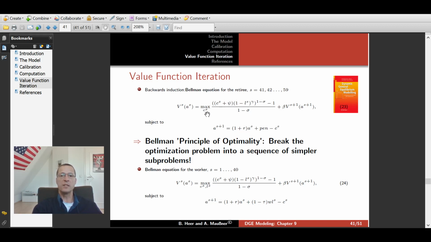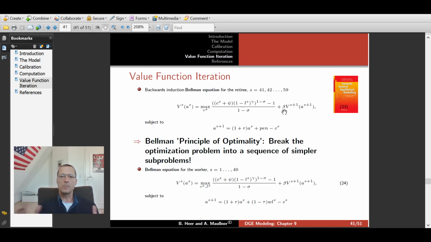And consumption at age s implies next period asset, A_{s+1}. And this implies the value of the value function, V_{s+1}, given the wealth A_{s+1}, discounted by the factor beta. So that's the famous Bellman principle of optimality.